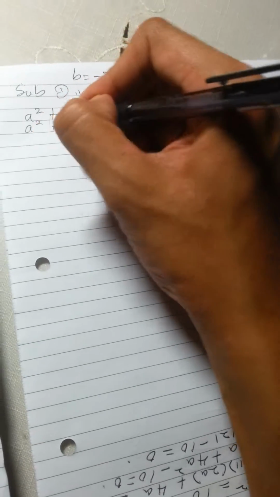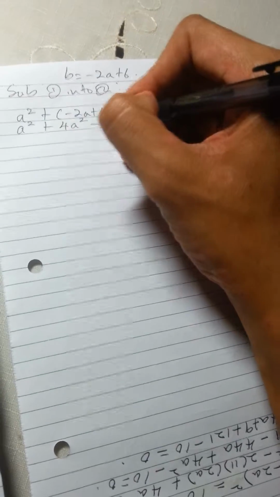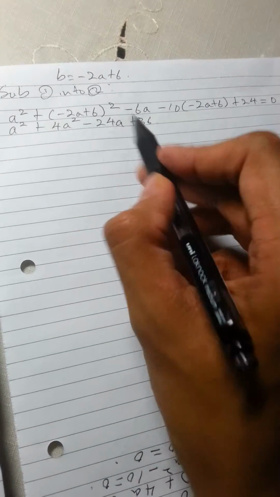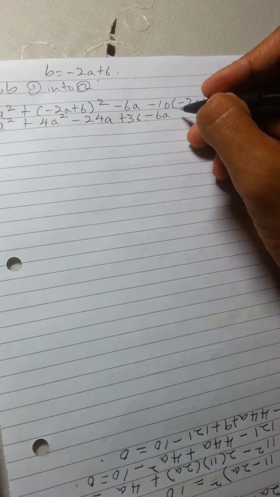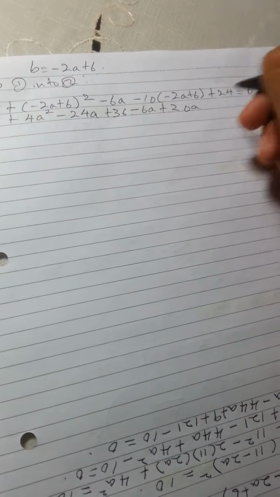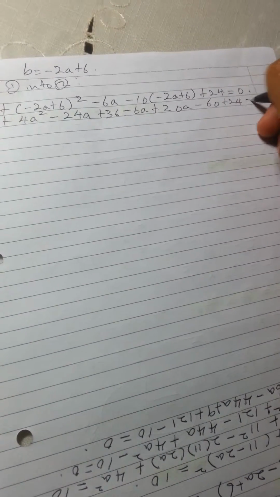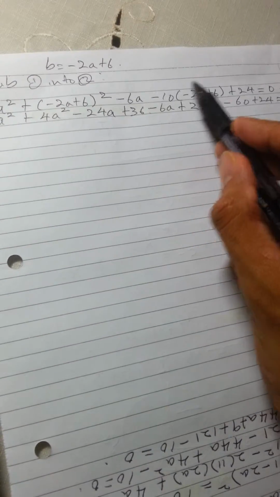A square plus 4a square minus 24a plus 36. This is basically the expansion of this one. Okay, minus 6a plus 20a minus 60 plus 24 equals to 0. Okay, this is basically the expansion of this one.